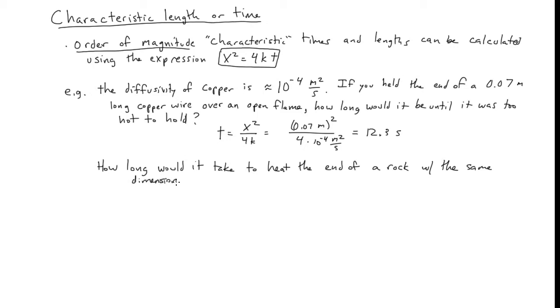So imagine I had a 0.07, about 7 centimeters long, so a 7 centimeter long rock. Take a moment, pause the video, and see what number you calculate.